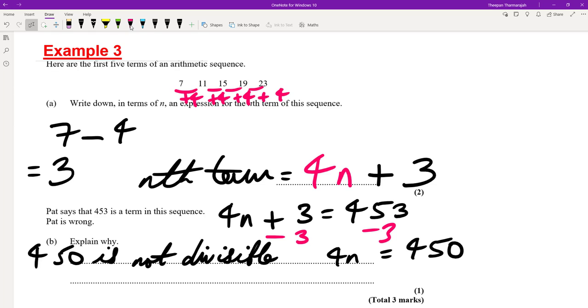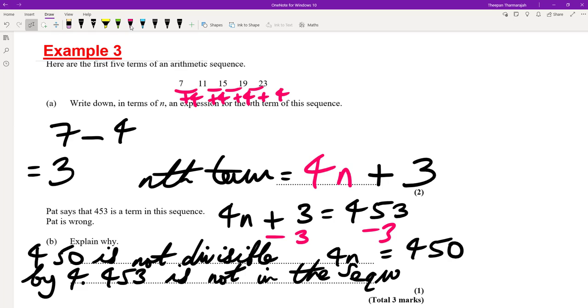So 453 is not in the sequence. Hence we can say Pat is incorrect, or is wrong.